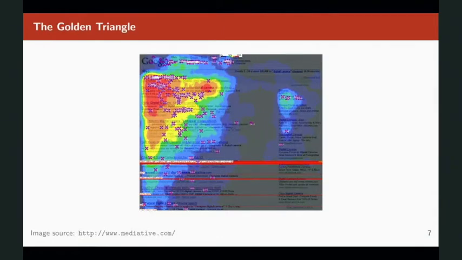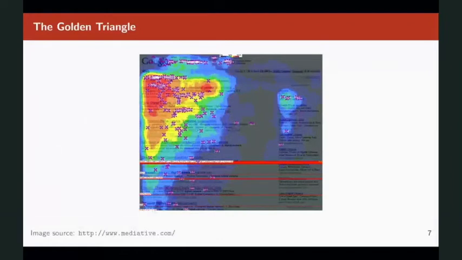If we see the same click-through rate up here as down here, that probably means that the item down here is much more preferred than the item up here. Let's say I see 20% of people click here and 20% of people click down there. Probably this item is much better, because half of the people didn't even look that far down the list and it still received the same number of clicks.